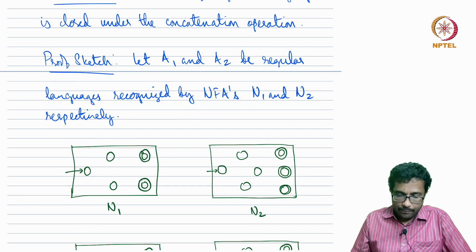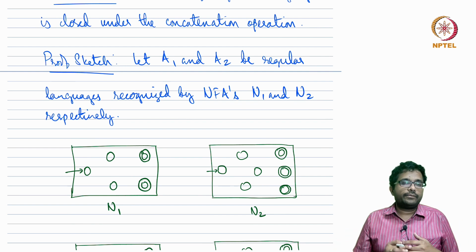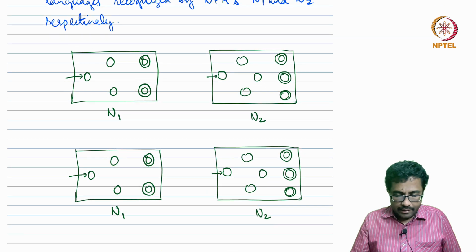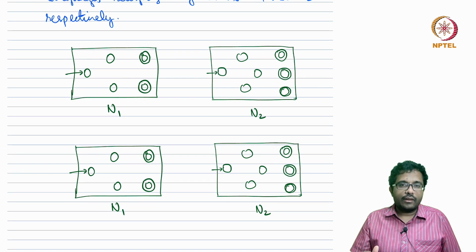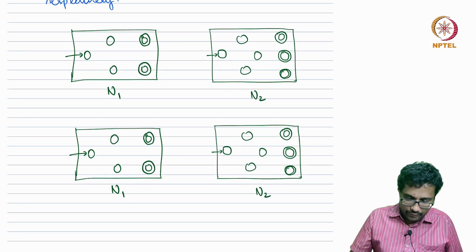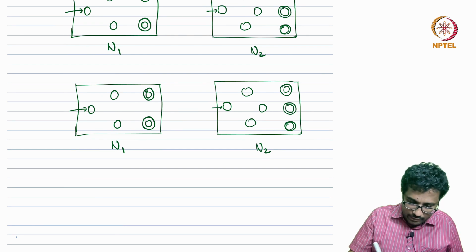Now we want to combine N1 and N2 in such a way that we build an NFA using N1 and N2 together, so that the combined NFA accepts the concatenation language. So I've again drawn them, and maybe I'll move it a bit more below.